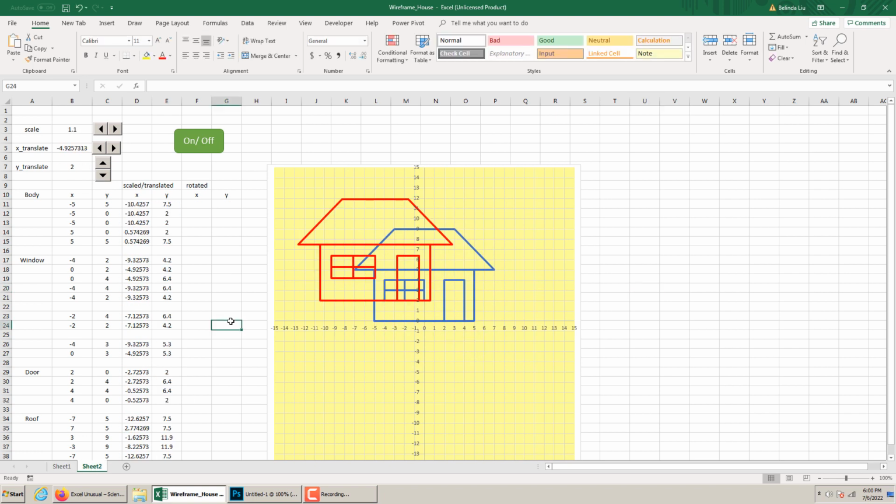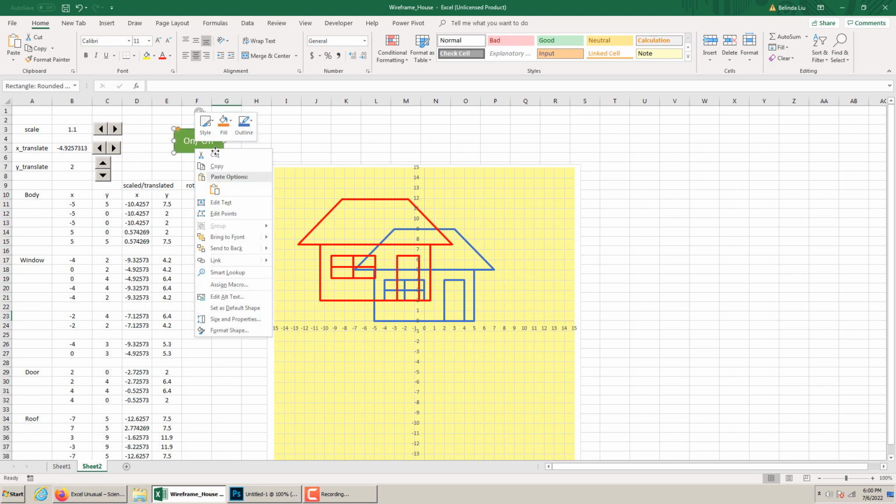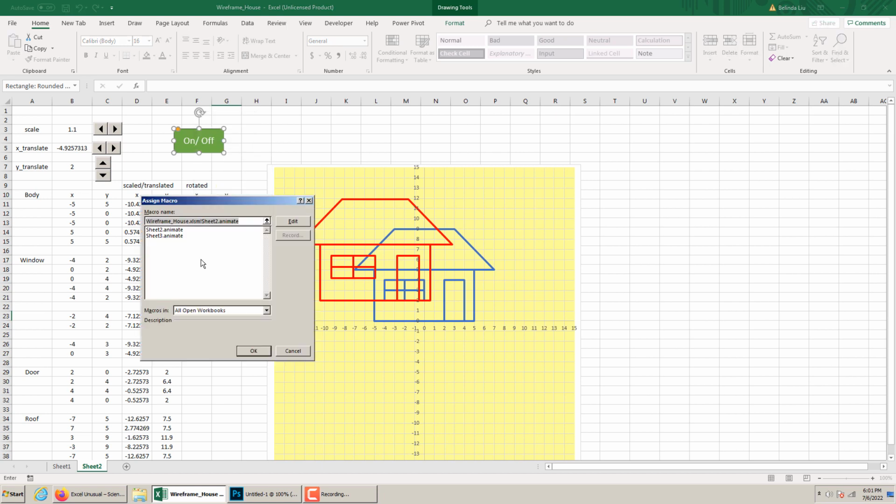What I did before I started this recording is I copied this sheet 1 into an identical sheet 2. Right now I just need to assign the proper macro, because when you copy, the new button that you create has the old macro associated with it.